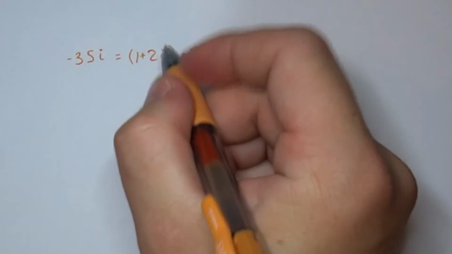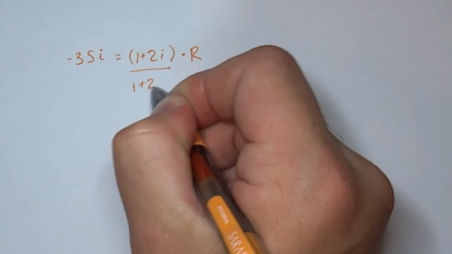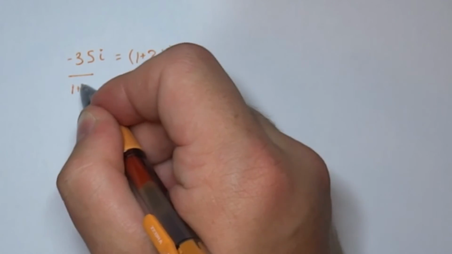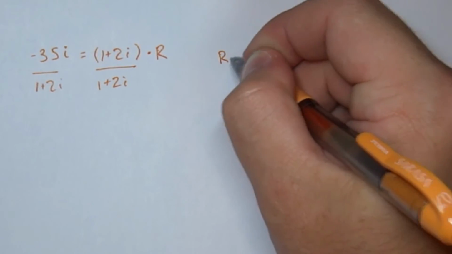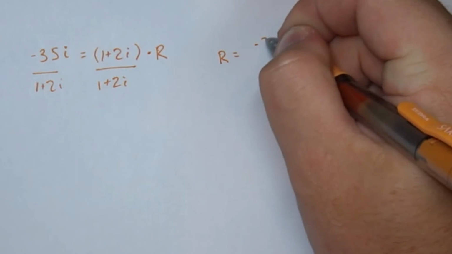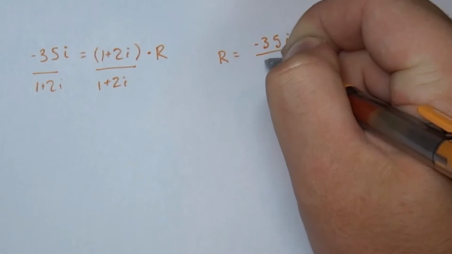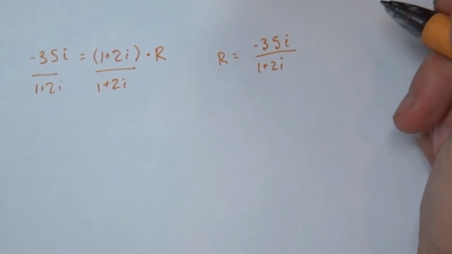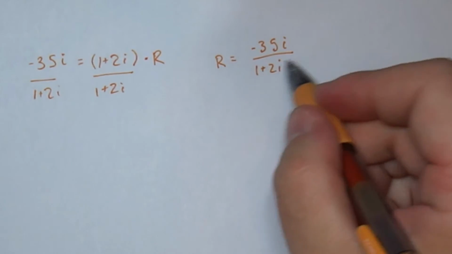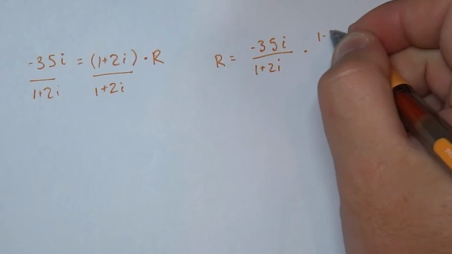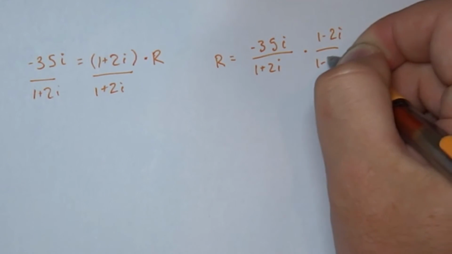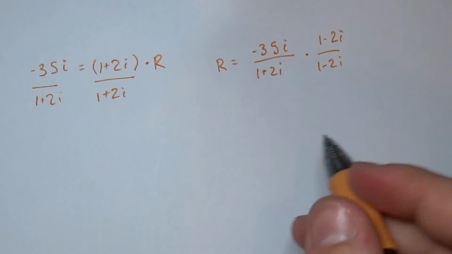So you can divide both sides by 1 plus 2i, and that is going to give us r equals negative 35i over 1 plus 2i. Now, when we're dividing by a complex number, we can multiply by the conjugate. So I'm going to multiply by 1 minus 2i. And let's figure out what that equals.